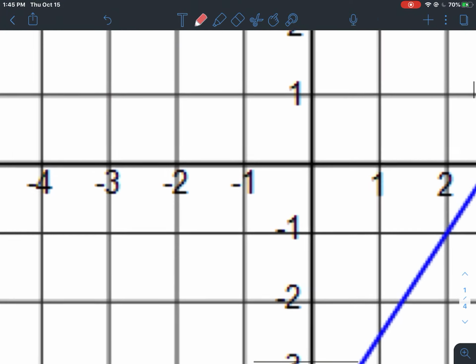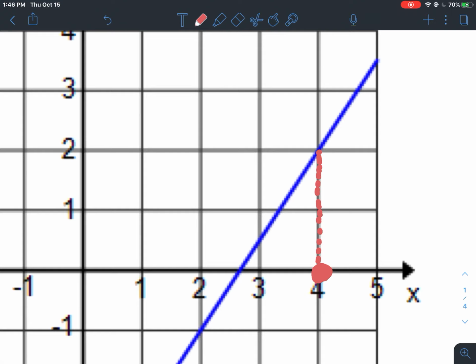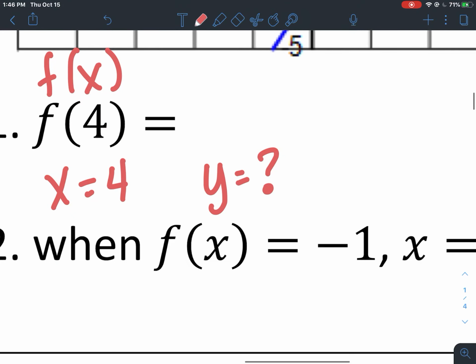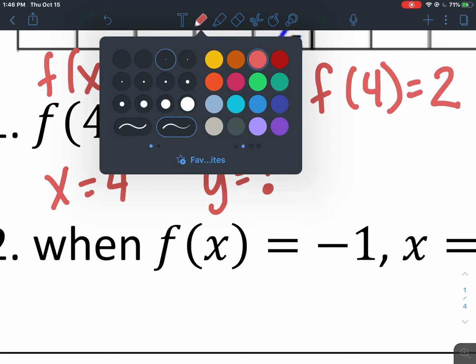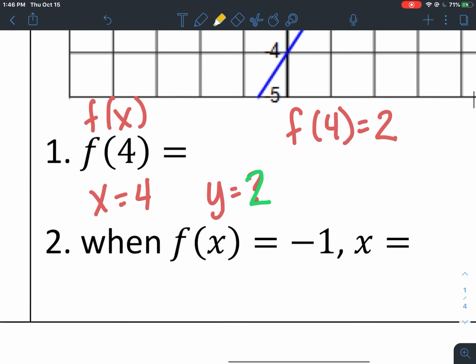So when x equals 4, I'm going to look at this x-axis, 4 is right here, and then I'm going to follow it up to the line. So when x equals 4, y equals 2. So f of 4 equals 2. Replace that question mark with a 2, and that is my final answer for 1.